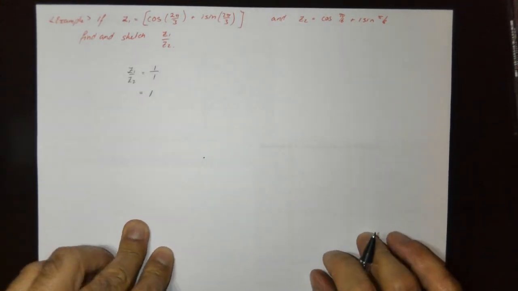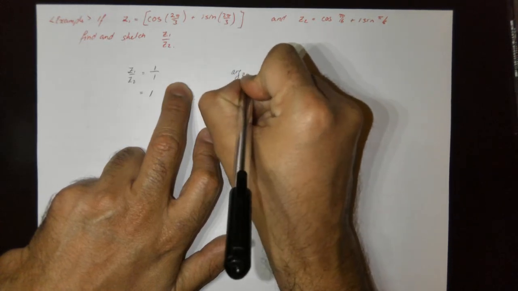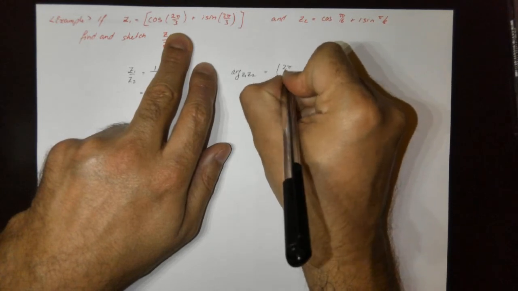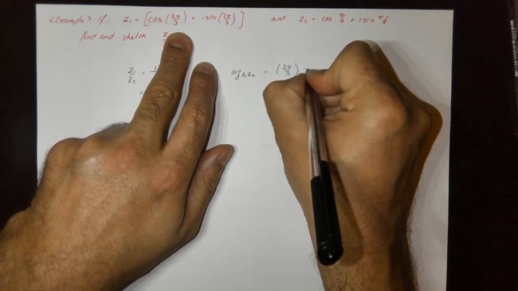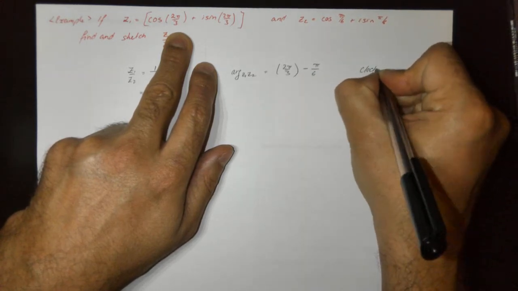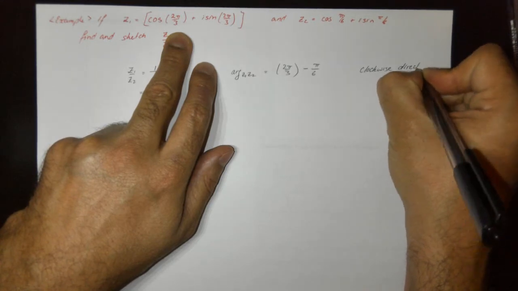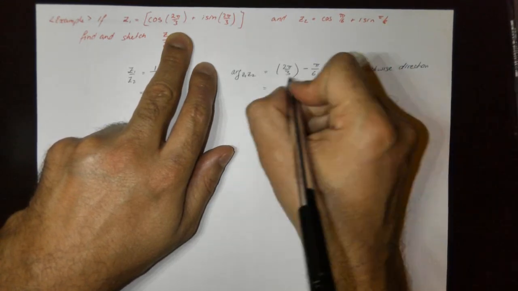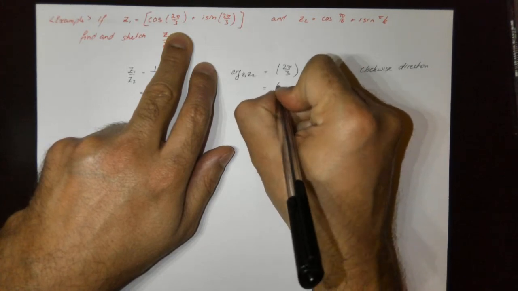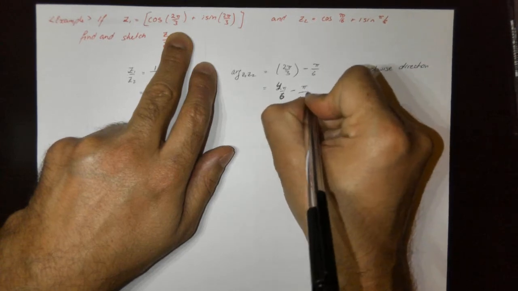Okay, that's not too bad. And I'm going to subtract the arguments. So I've got 2 pi on 3, that's where I start first. And I'm going to subtract pi on 6, moving in a clockwise direction. So that's 4 pi on 6 minus pi on 6.